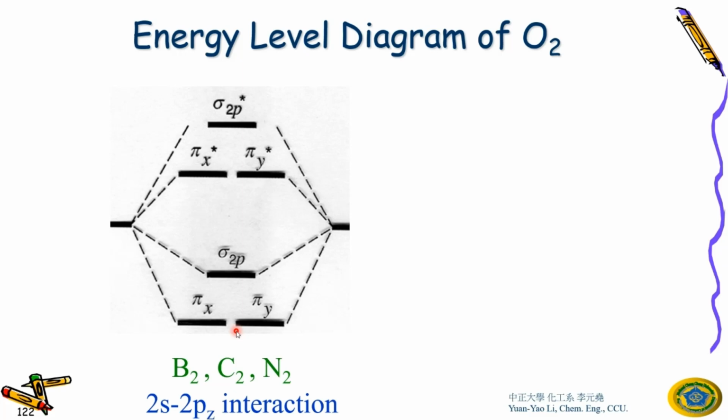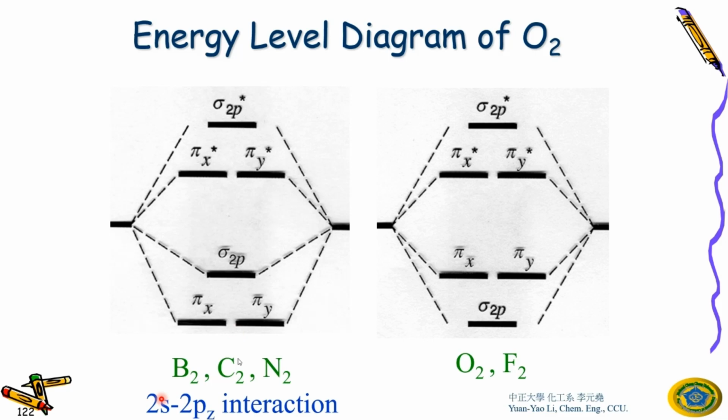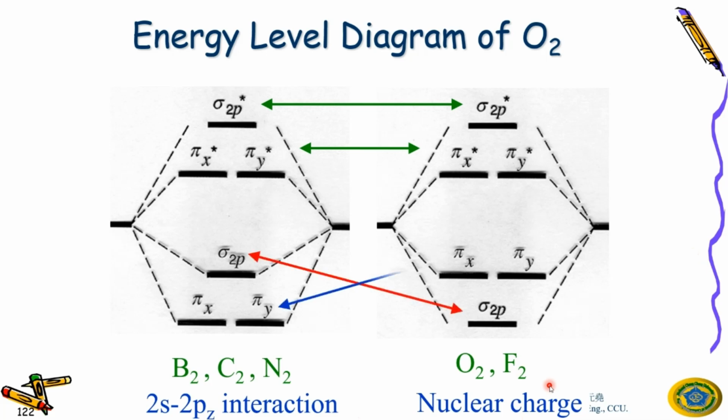But because you have more electrons in oxygen and fluorine, for fluorine gas and oxygen gas, the orbitals will change back to 2p here, 2py, 2pz. Okay, because of nuclear charge, it pulls back. So please remember this.